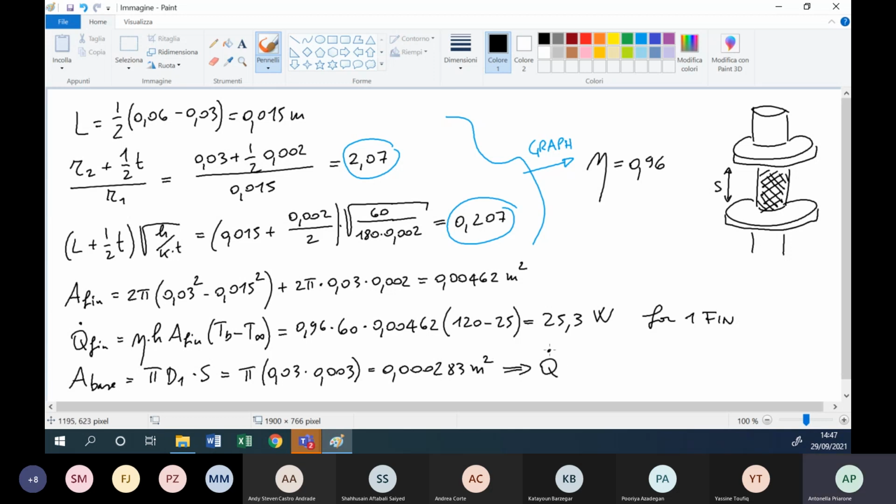The heat transfer rate for the base, associated to only, I repeat, this small portion of pipe, not all the pipe, is equal to h, A base, times TB minus T infinite, and is equal to 1.6 watt.